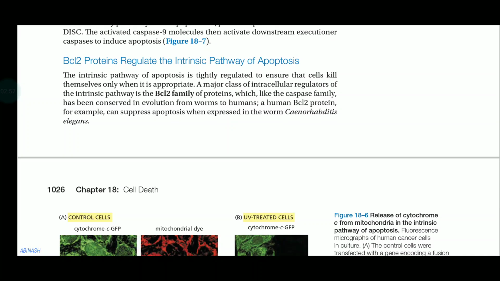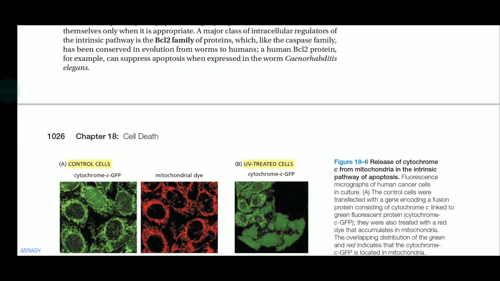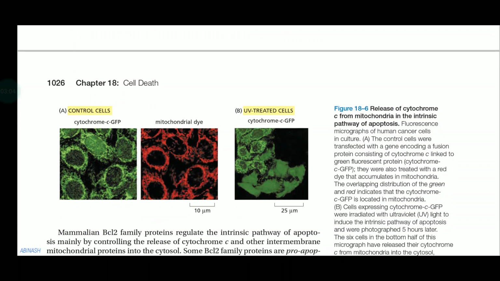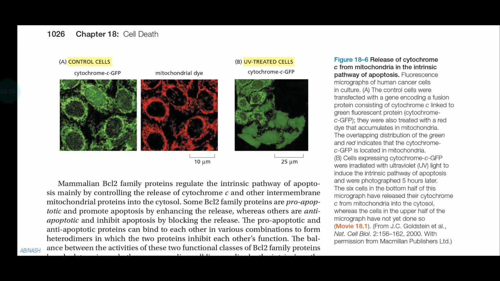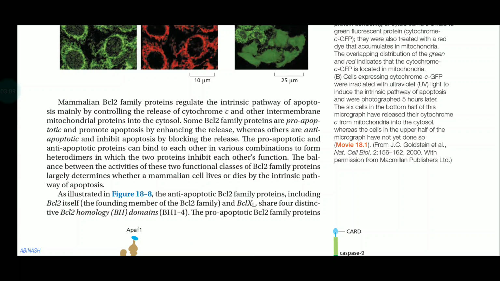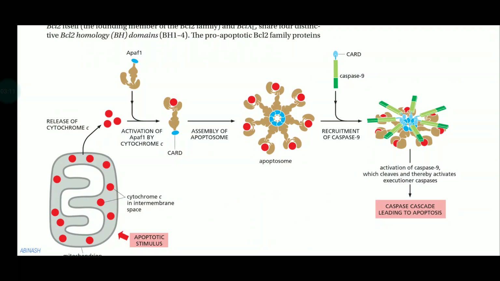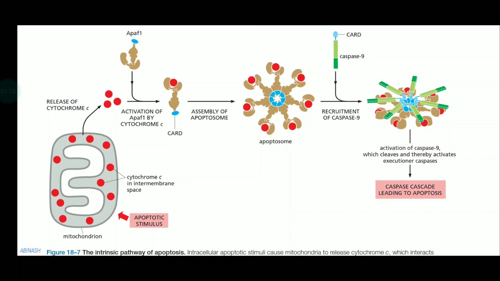BCL2 family of proteins, the intrinsic pathway. Some cytochrome C has been tagged with fluorescent protein to be studied. Here we see the apoptosome formation, which is done by the release of cytochrome C from the outer membrane and intermembrane space of the mitochondria by means of a stimulus, activated by p53 or maybe some extracellular activation.